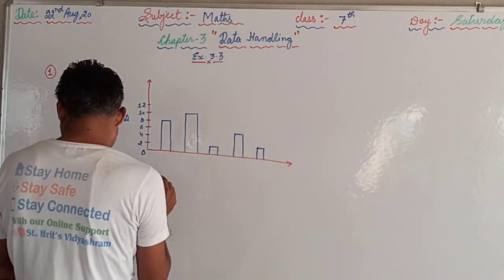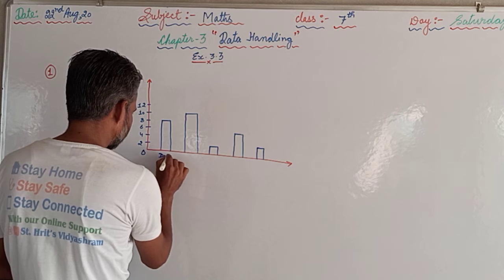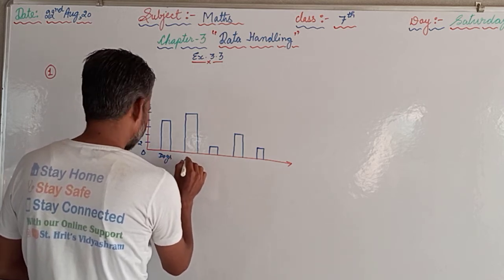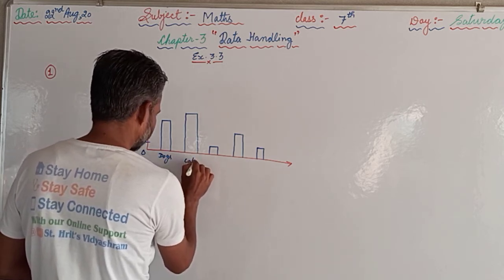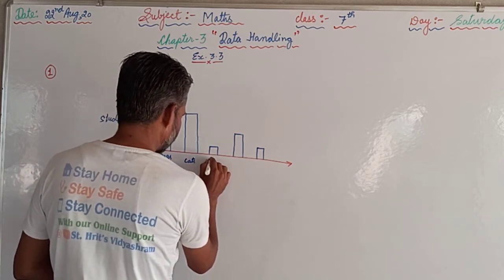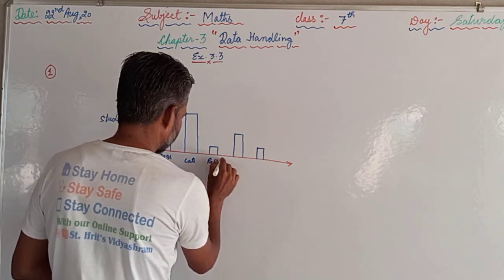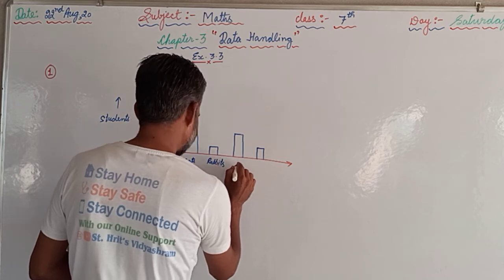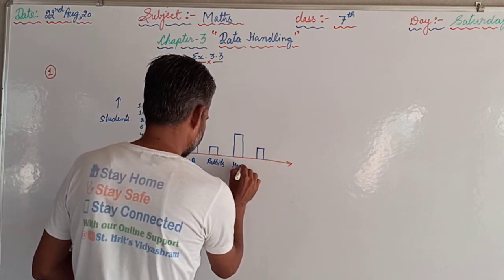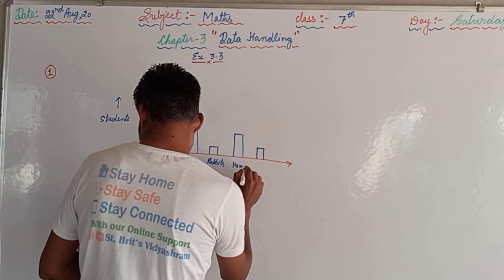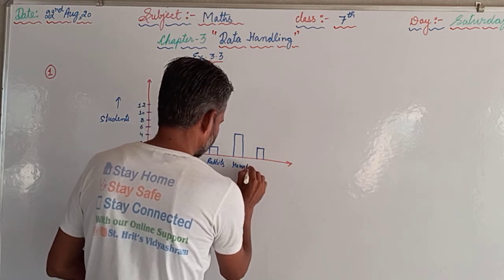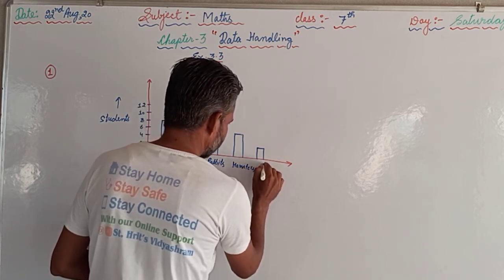This one is the dogs. Here cats, then rabbits, then hamsters, and then here others.